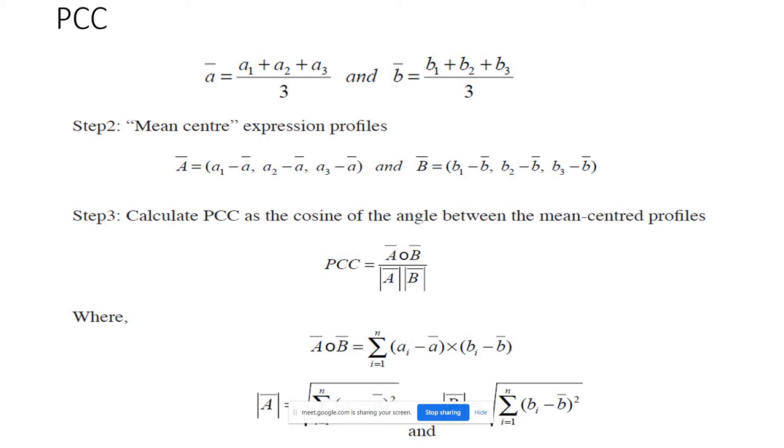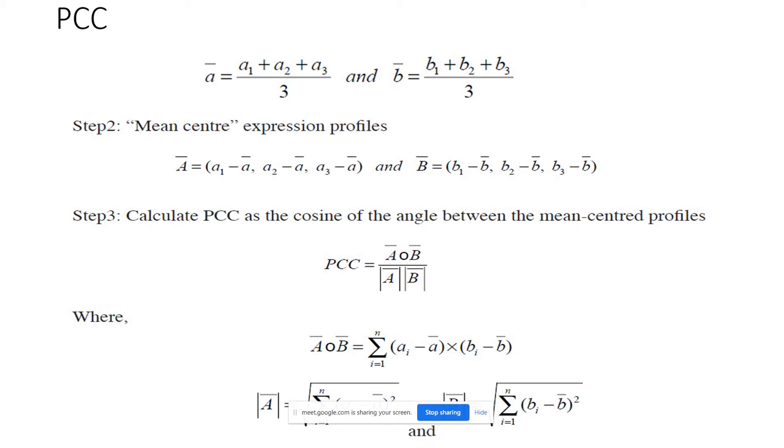This is important to calculate the mean centered value of the expression profile. So first of all, we will calculate the mean value, A1 plus A2 plus A3. These data are obtained from three different conditions, and from them we are calculating the mean. Then again, come to B bar. How will it be calculated?